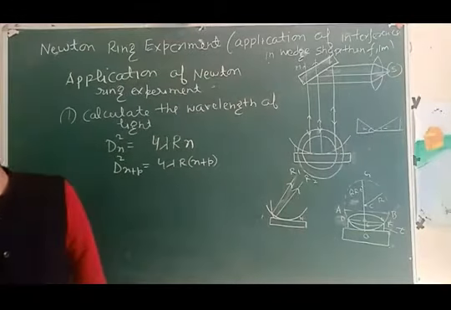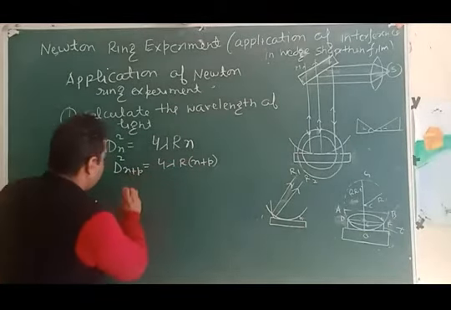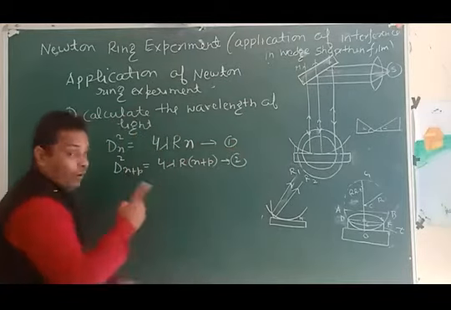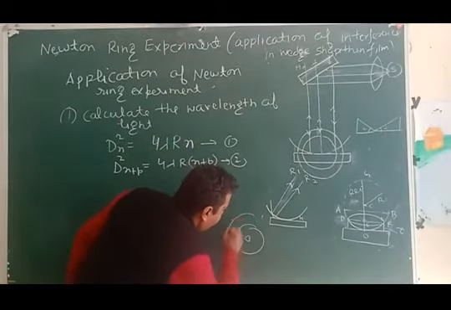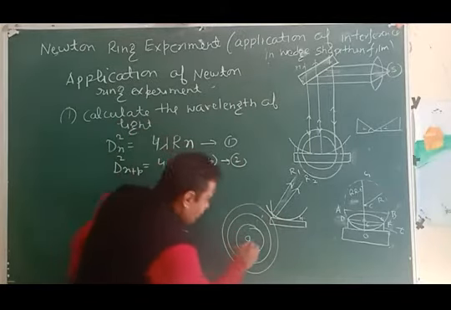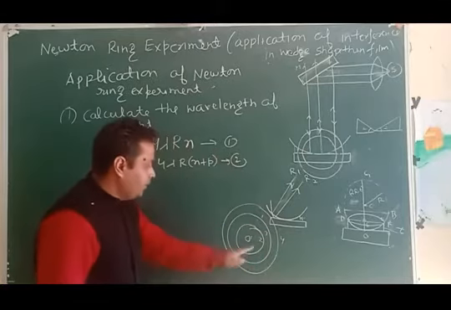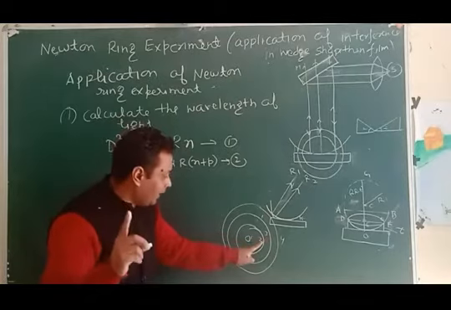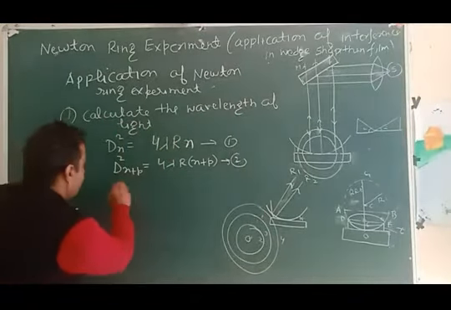Now we have seen that this is equation 1 and this is equation 2. What is p? Suppose we have a ring, this is the ring. Understand? This is the first ring, second, third and fourth. If we are taking second and third, then p is 1. If we are taking 2, 4, 6, then p is 2. Understand?